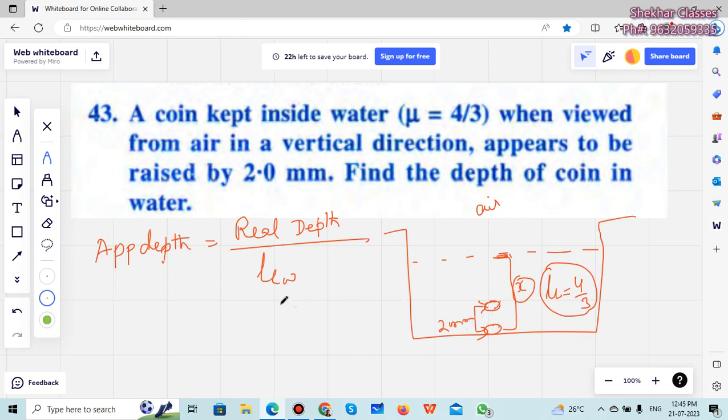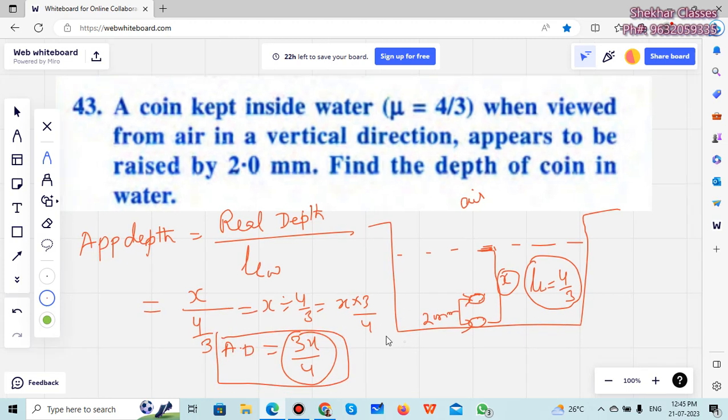So apparent depth here will be equal to real depth, as we had taken as x, and refractive index is how much? 4/3. So this will give you x divided by 4/3, which will give you x into 3/4. So that is equal to 3x/4. This is the apparent depth.